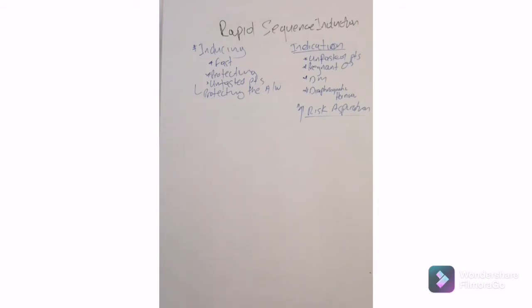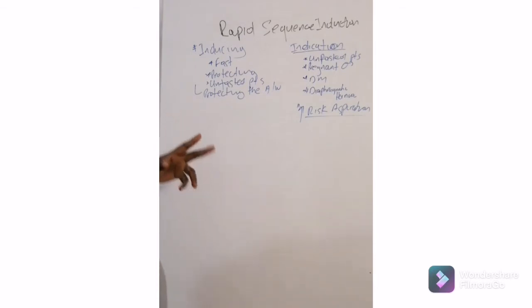Someone who's diabetic, why would we regard them as unfasted? Because people who are diabetic get autonomic neuropathy, and because of that, they have reduced gastric emptying. So that's that. And then pregnant women, the same reason, they also have reduced gastric emptying.